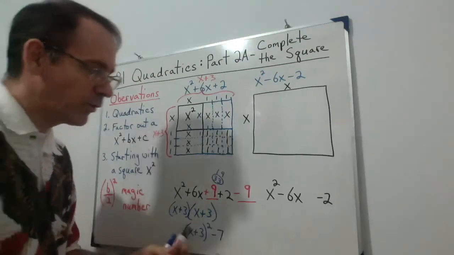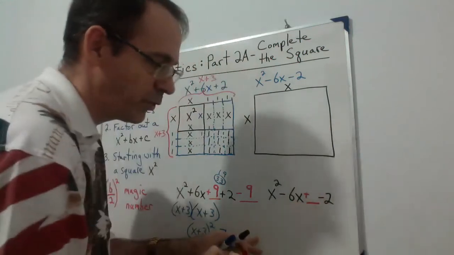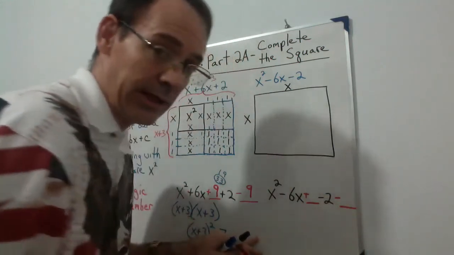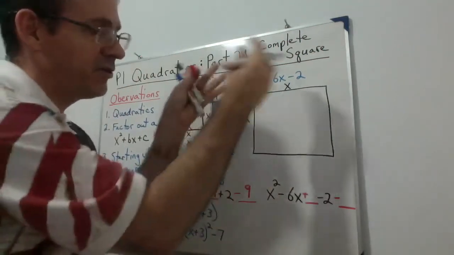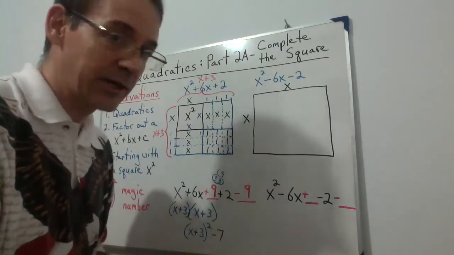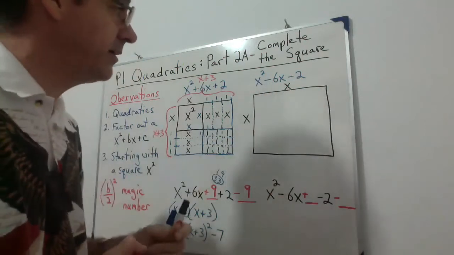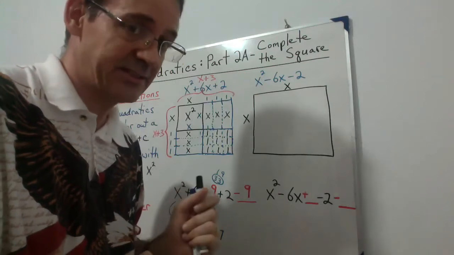So again, what we're looking for is this magic number that does work, and we need to remember to equalize it, okay? Because we want to maintain the value of our expression. So if we introduce a number, we've got to equalize it. So here's our big x squared. Now we're going to deduct 6x.